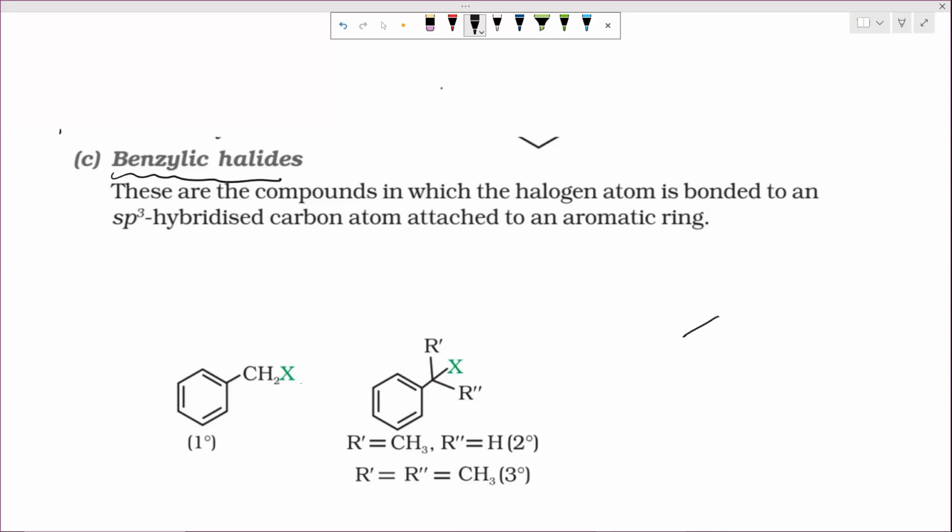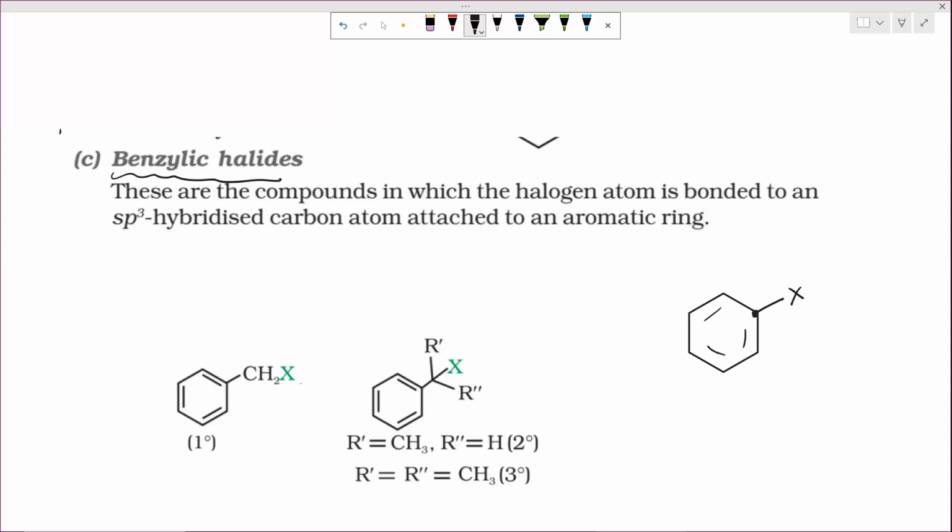For example, if this benzene ring is attached directly to the halogen group, then it is a simple haloarene, because this is the main carbon and it is attached with the halogen.